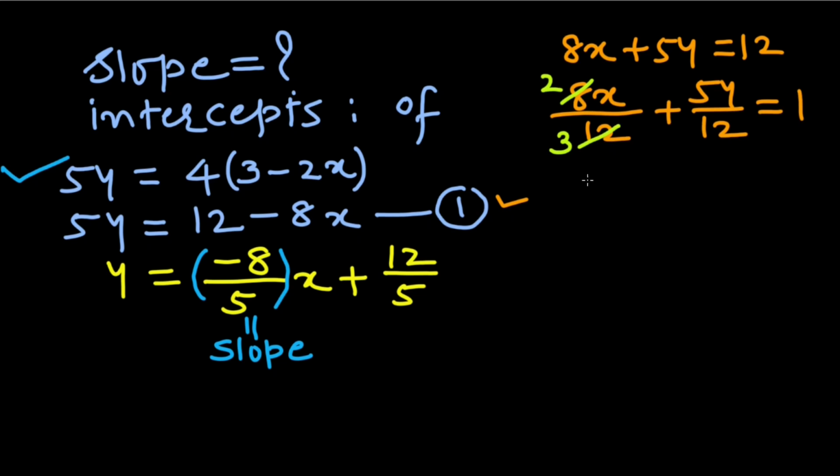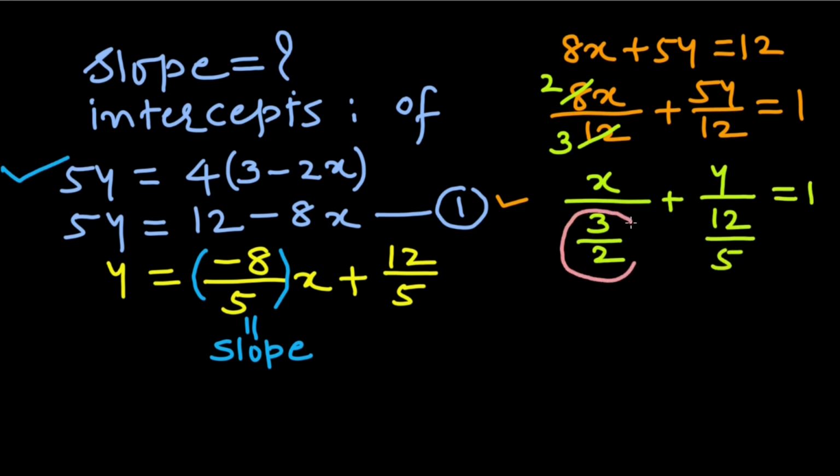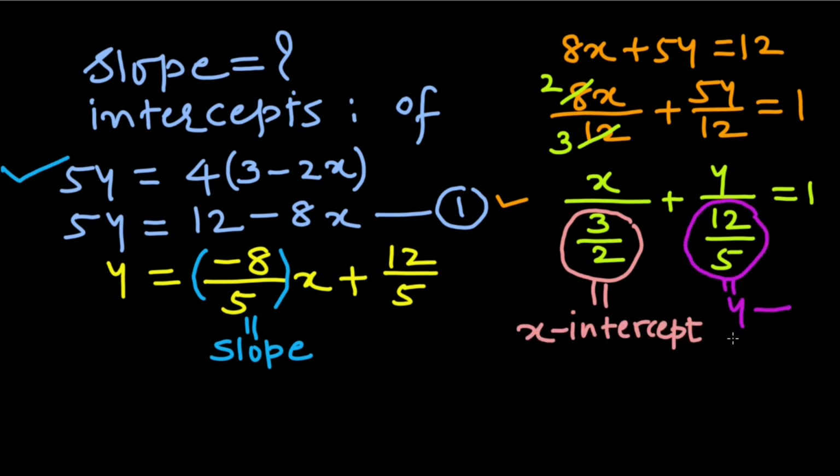So we write this equation as x by (3 by 2) plus y by (12 by 5) equals 1. Here 3 by 2 represents the x-intercept and 12 by 5 represents the y-intercept. So the slope of this line is minus 8 by 5, its x-intercept is 3 by 2, and y-intercept is 12 by 5.